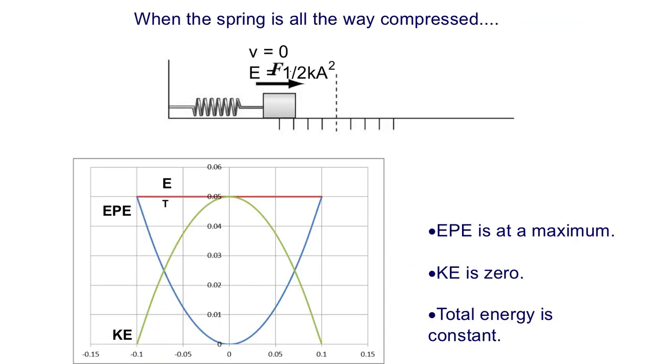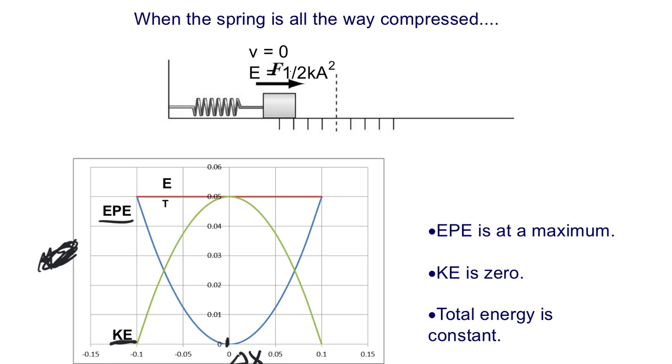So this is a good graph of, let's say, delta x versus energy, mechanical energy graph, but really it's EPE and KE and how they change throughout the simple harmonic motion.